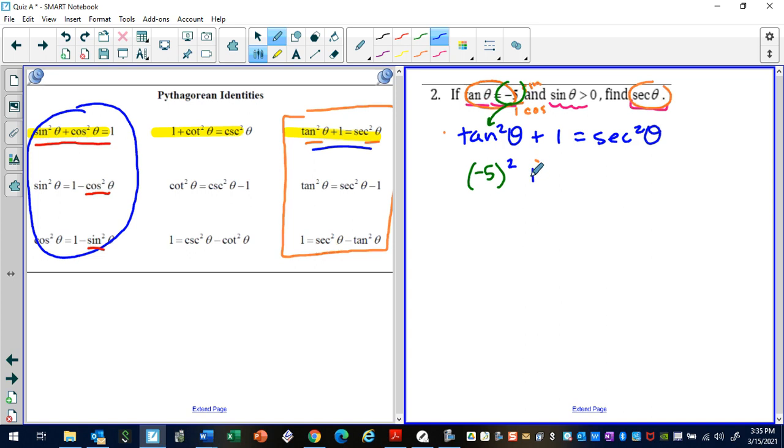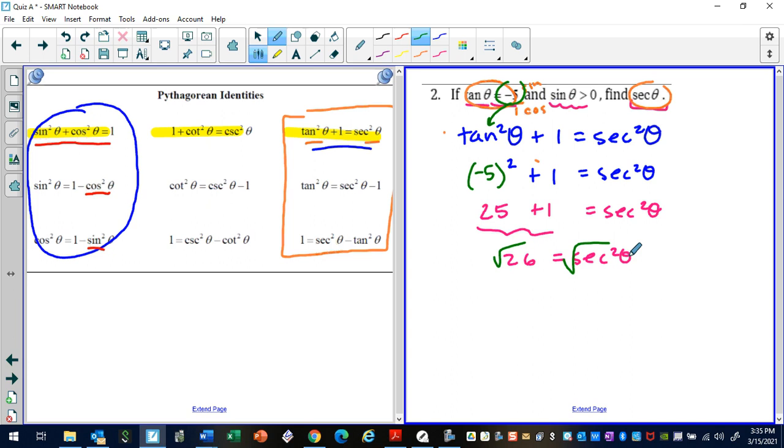It's got to get squared. -5 squared is 25. Add those together, I get 26. And then square root both sides because I've got to get rid of the squared. Don't forget your plus or minus. I'm almost done. 26 doesn't simplify. There's no pairs to pull out.